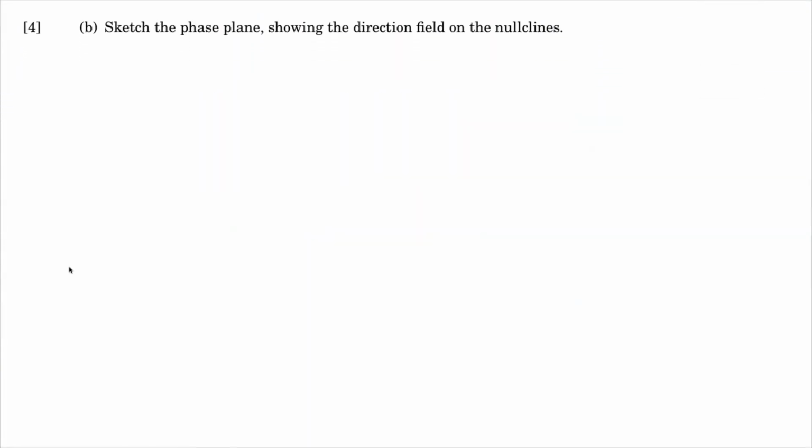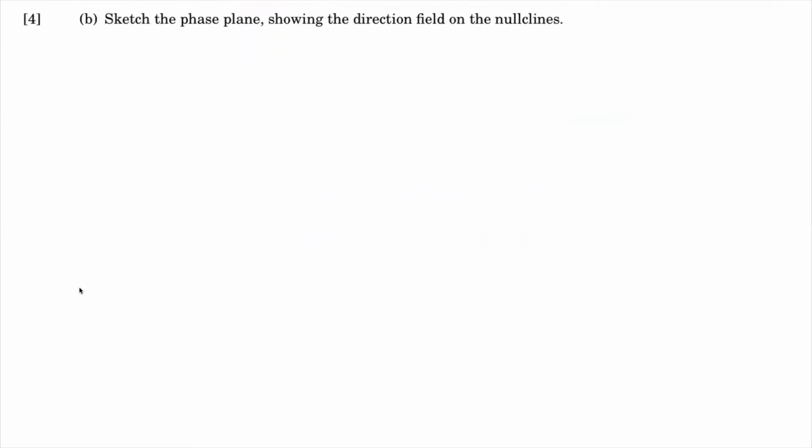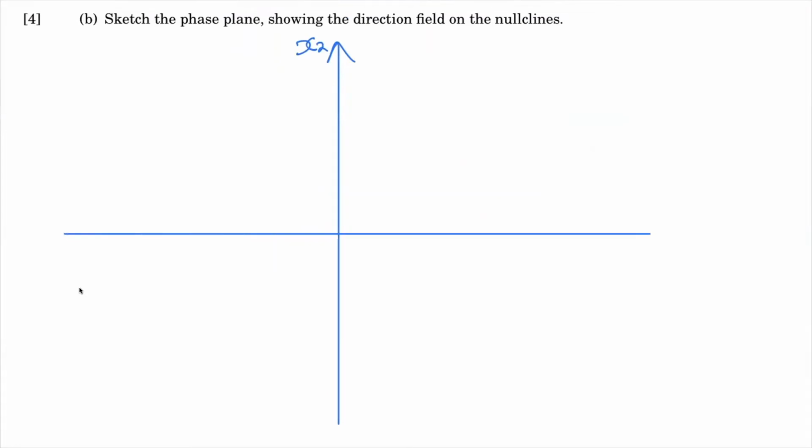So now we're asked to sketch the phase plane and show our direction field on the null lines. So what does our phase plane look like? Well, let's sketch our axes first of all. So it's going to be my x2 axis. And then here, this will be my x1. We have two null lines.